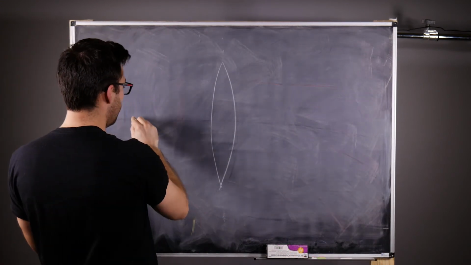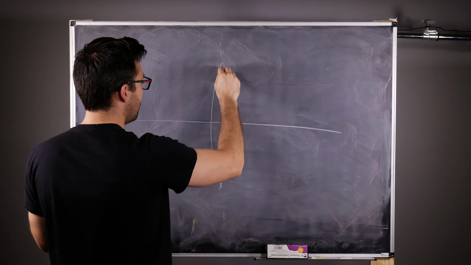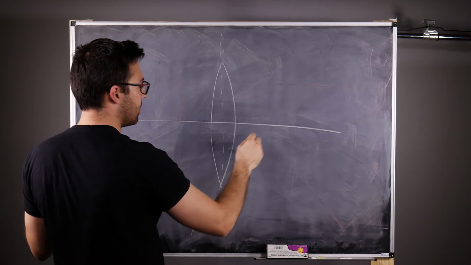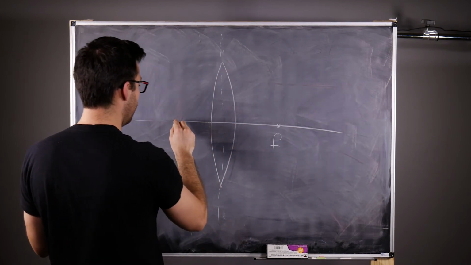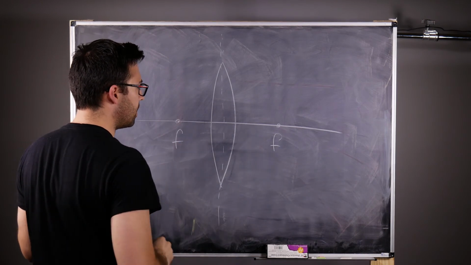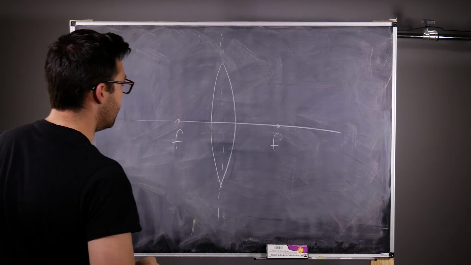So, to summarize, we have a lens. In this case, it's a biconvex lens. It has a focal point. It's symmetrical. It's a one-element lens.